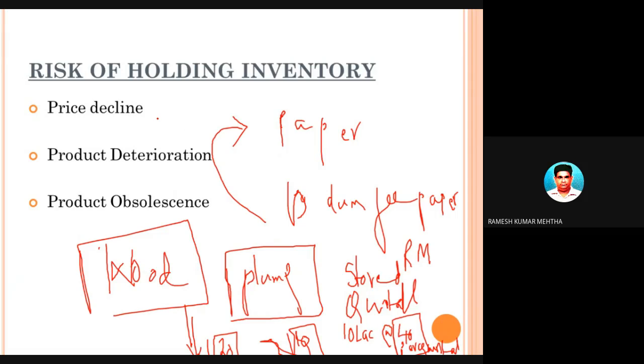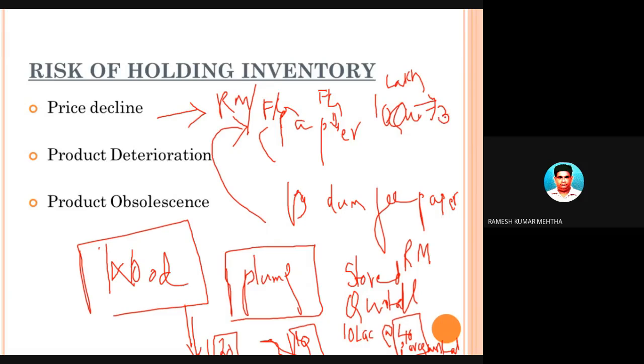So you have to anticipate the price declines of raw material as well as the finished goods. For example, the finished good is the paper here. उन्होंने क्या किया? They manufactured paper from this raw material, and they stored paper in the anticipation that the paper prices will increase, and they stored some 10 lakh quintals of paper, and the cost of manufacturing was like 30 rupees.